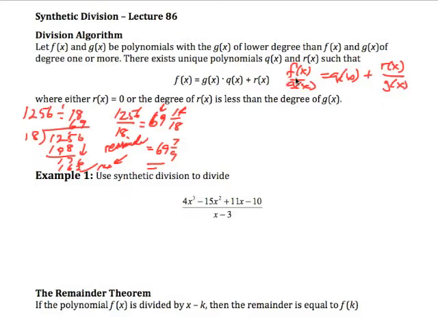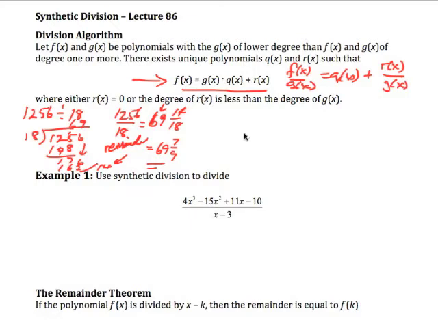And if I multiply everything through by g(x), then I end up with this thing here. So this is just a way of doing the same thing as what we did with numbers, except we're doing it with polynomials.